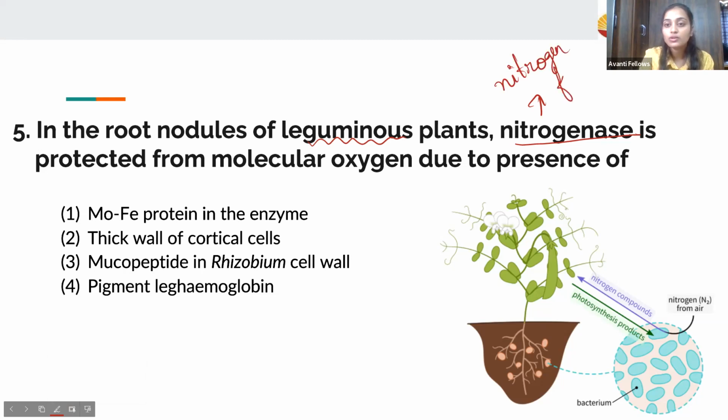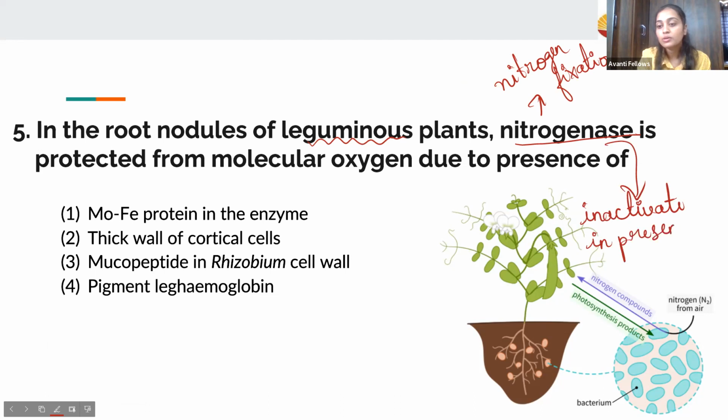But this nitrogenase becomes inactive in the presence of oxygen. So it has to be protected from the molecular oxygen.